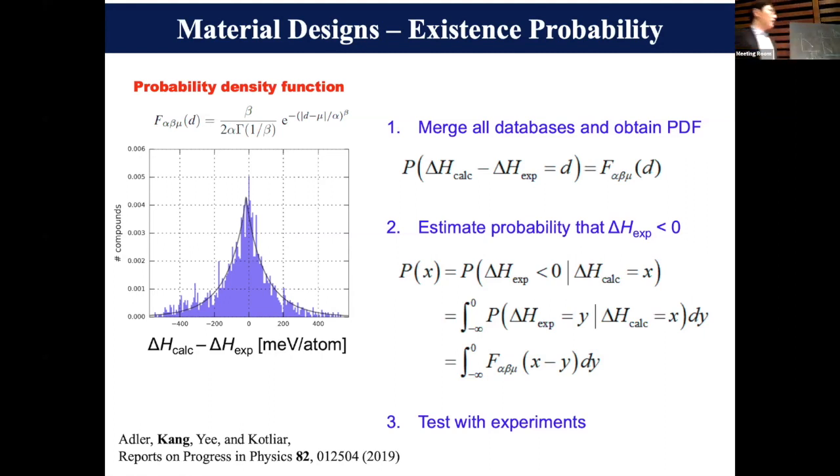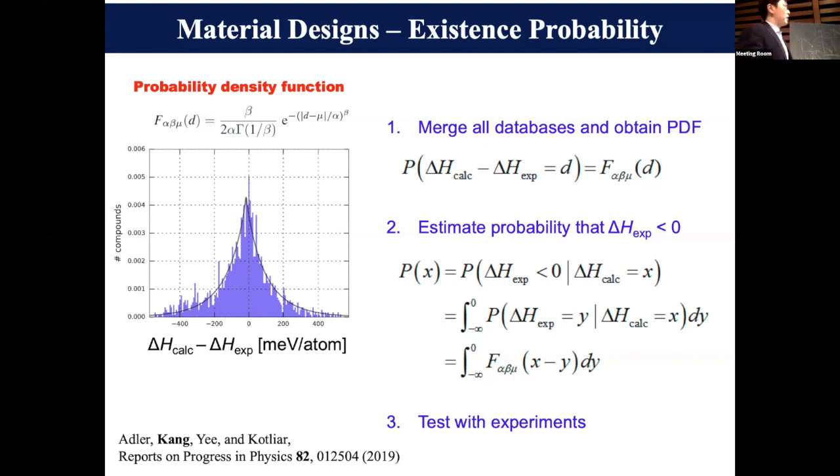Then the next step is to estimate the probability that the experimental formation energy is smaller than 0. We call this probability the existence probability. Therefore, the existence probability Px is the probability that the experimental formation energy is smaller than 0, given that the DFT formation energy has a certain value of x. So we set the experimental value as y and integrate from minus infinity to 0 with respect to y.